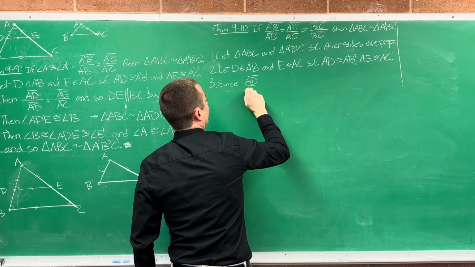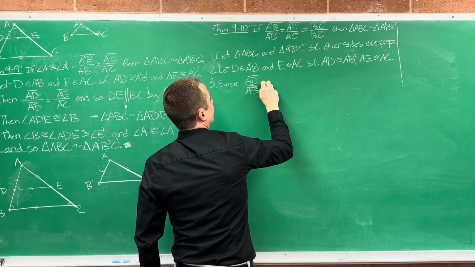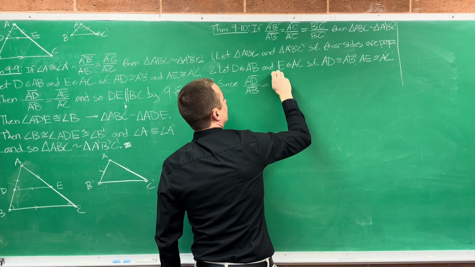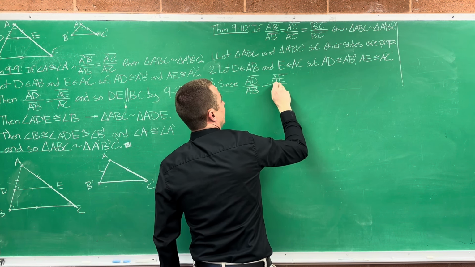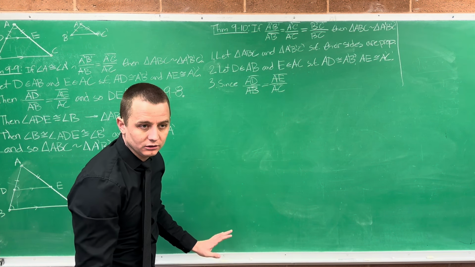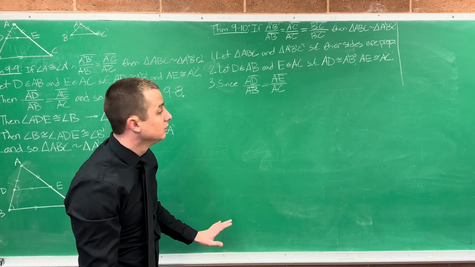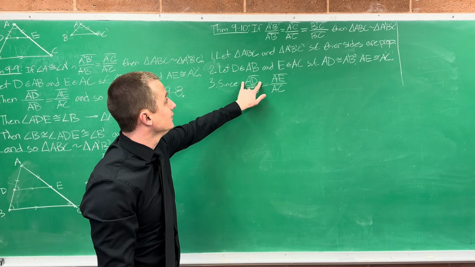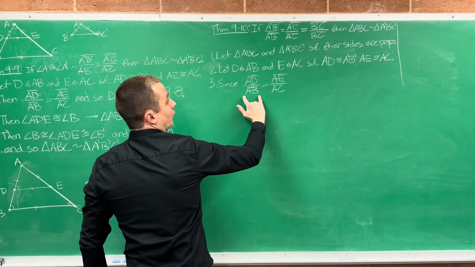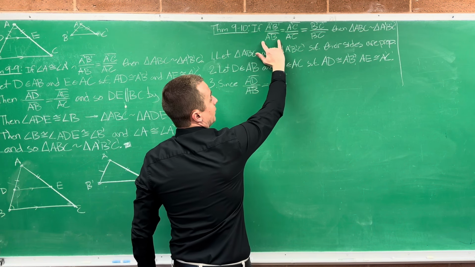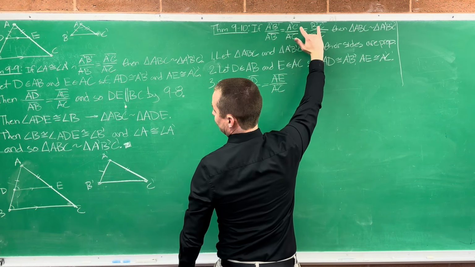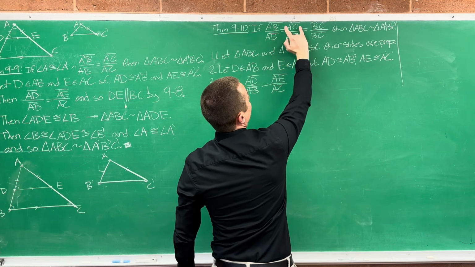AD over AB is equal to AE over AC. How do I know that that ratio is equal to that ratio? Well, AD is exactly as big as A prime B prime. So AD over AB is the same thing as A prime B prime over AB, and AE over AC is the exact same thing as A prime C prime over AC.